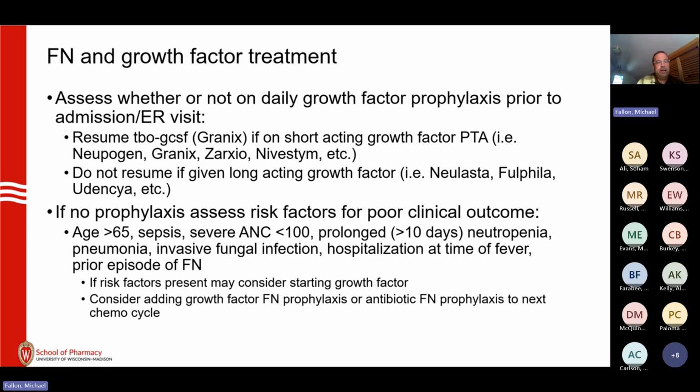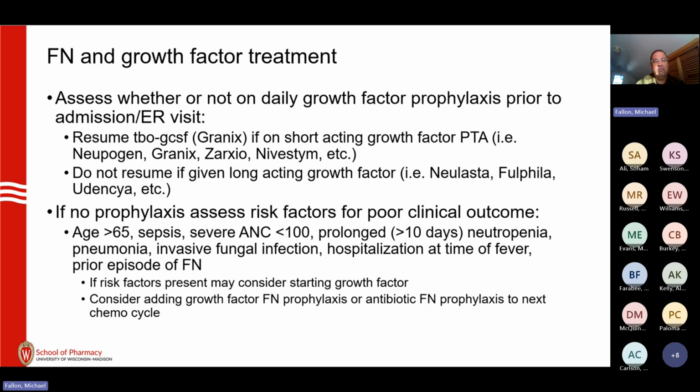So secondary prophylaxis is actually pretty well defined. IDSA, NCCN, a couple different places have guidelines on this. But if an intermediate risk patient did not get growth factor, went home, and then came in with neutropenia, you'd really look at these indications.